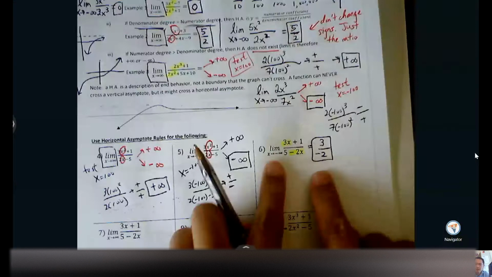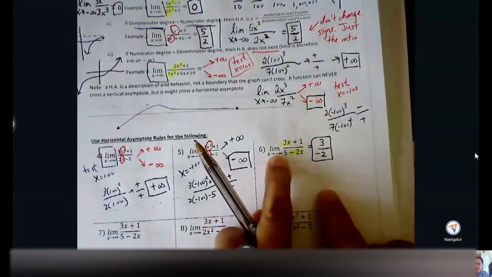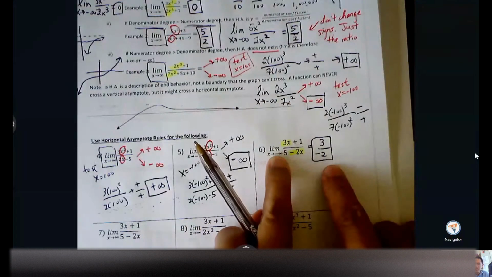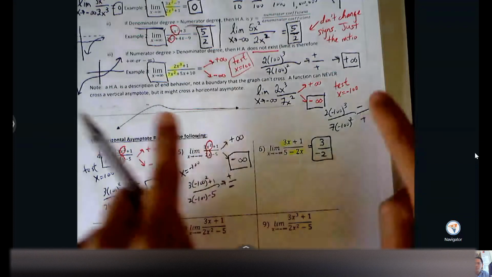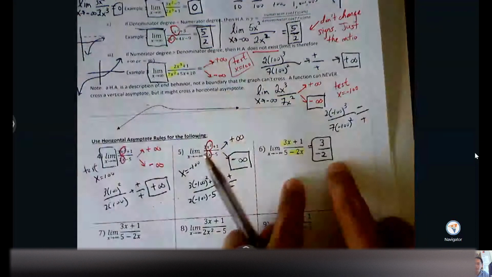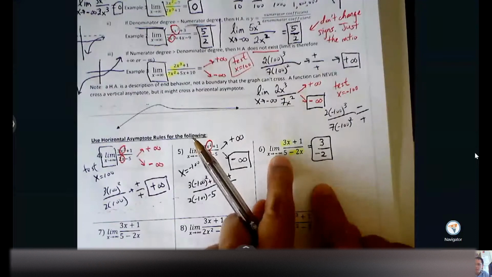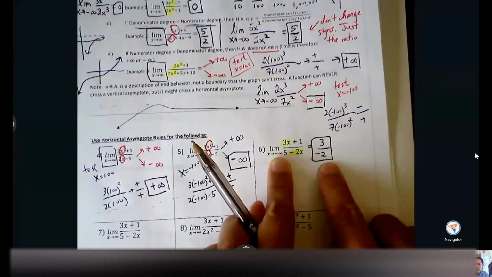Wait, do we need to do anything with that negative infinity? Do we need to make an adjustment because it's negative infinity? No. No change. I want to keep reminding us, no change. I know that's distracting, but no change. Okay.